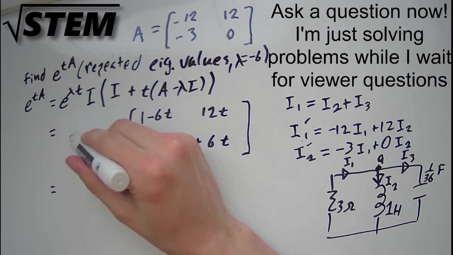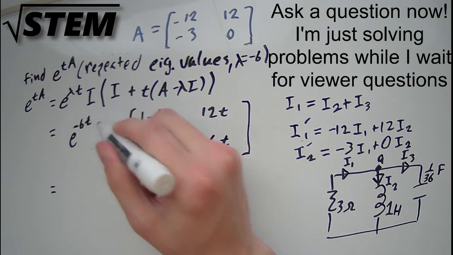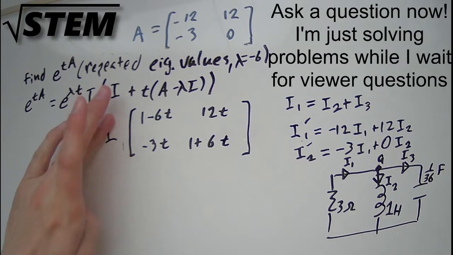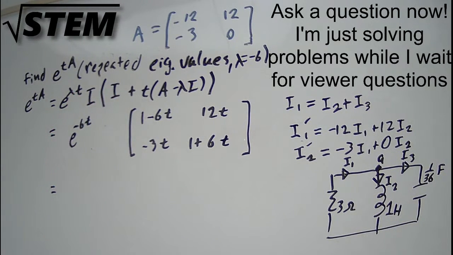This is still e to the negative 6t times I. Any matrix times the identity matrix is itself, which means that we can basically just get rid of that I, and then we have a scalar multiple on this matrix.